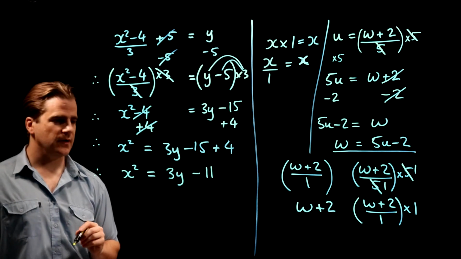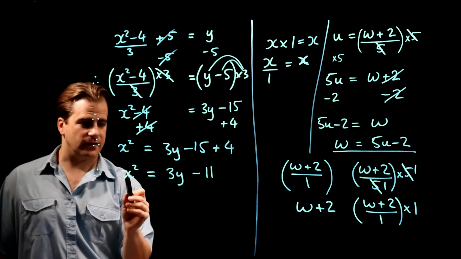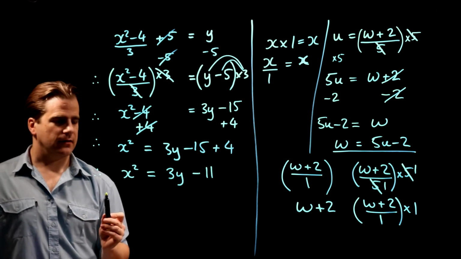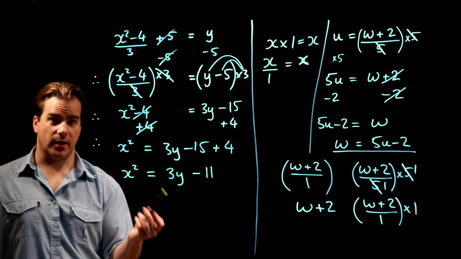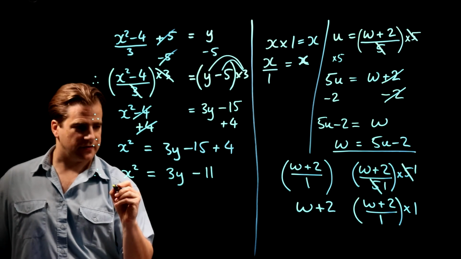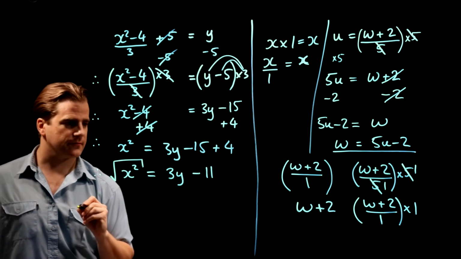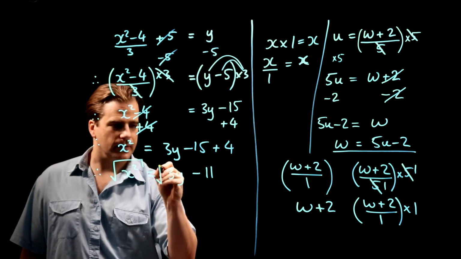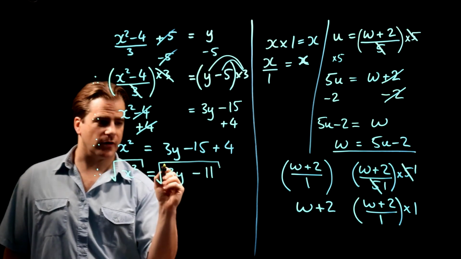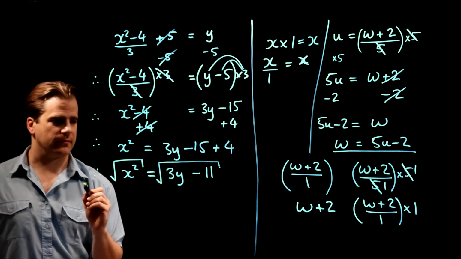Okay, we're nearly there. We've got an x squared. We need to turn that into an x. So what's the opposite of squaring? Square rooting. So we're going to take the square root of both sides. You have to square root the whole thing on the right because we've square rooted the whole thing on the left. Okay?